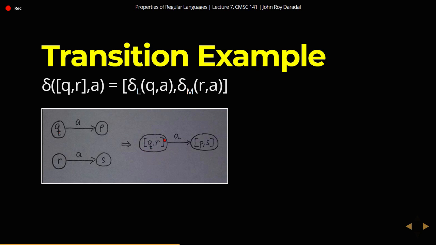Where would state QR transition to on input symbol A? Q on A goes to P and R on A goes to S, so that would be the state PS. So the product DFA will go to PS on A. That is how you create the product DFA transitions.